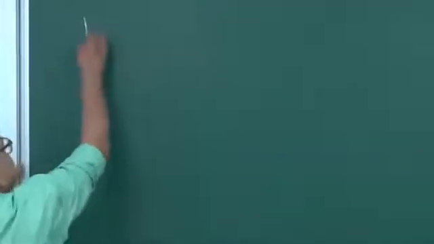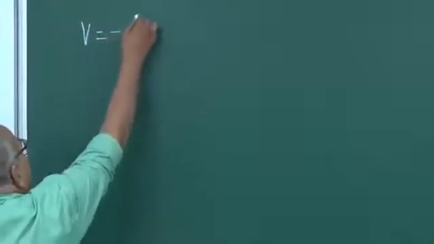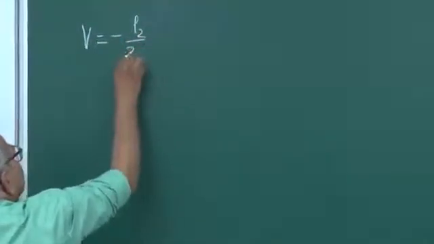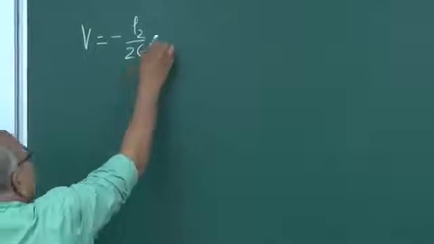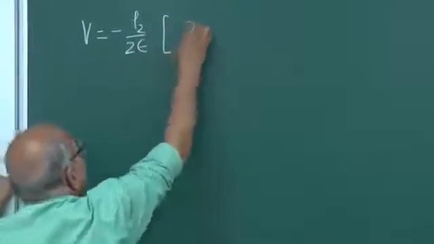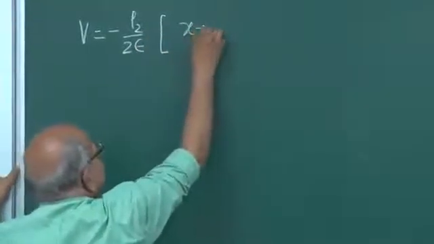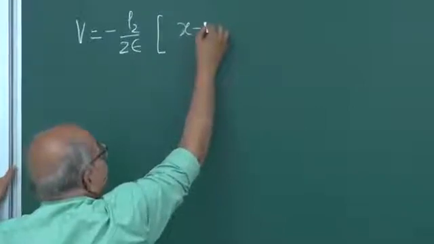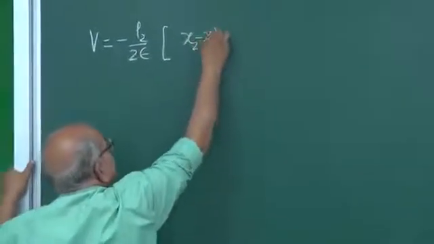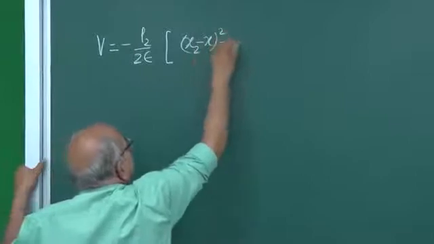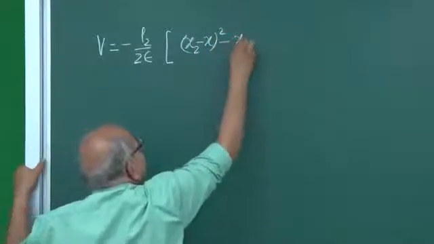The expression was V equal to minus rho 2 over 2 epsilon times x2 minus x whole square minus x2 square.